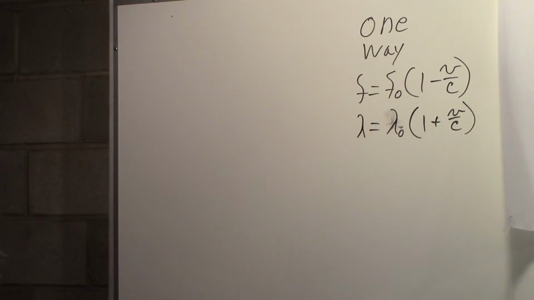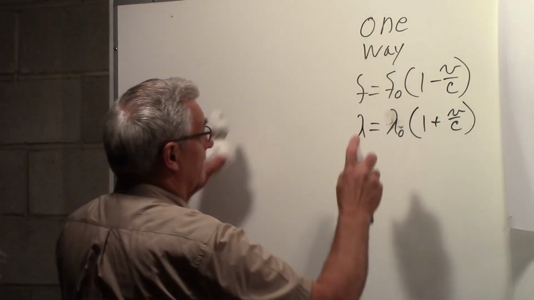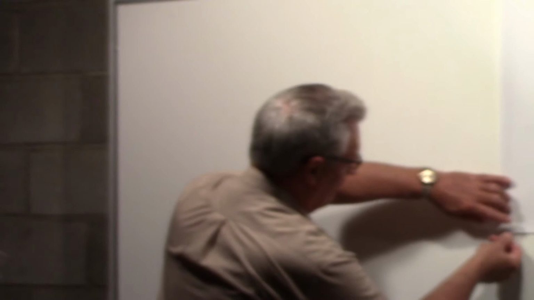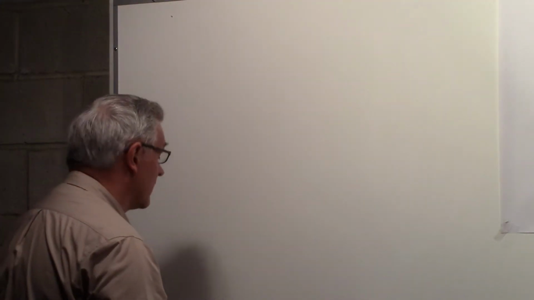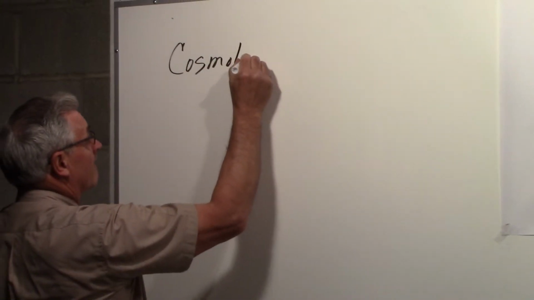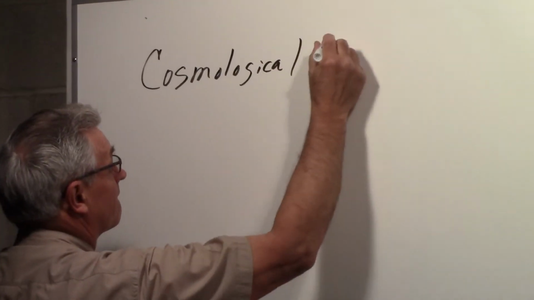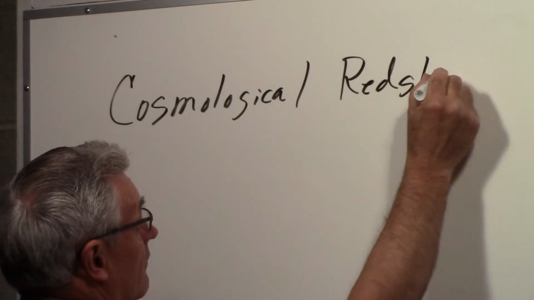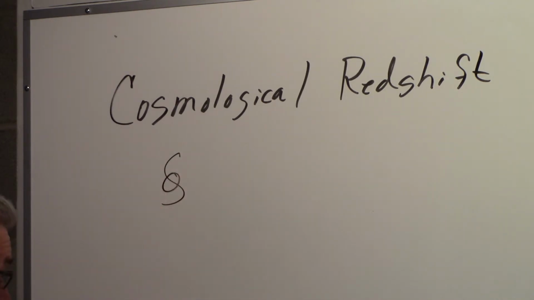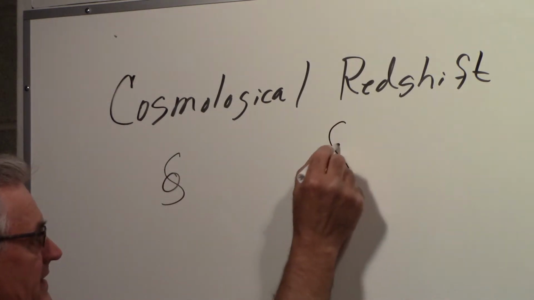Now what we want to say a little bit about is the cosmological redshift. First I've got to grab a little piece of tape. Okay, so the idea here is we have a galaxy and we have another very distant galaxy.